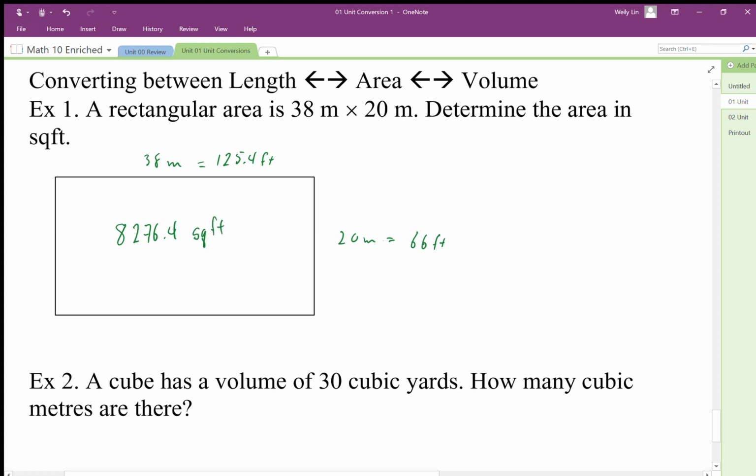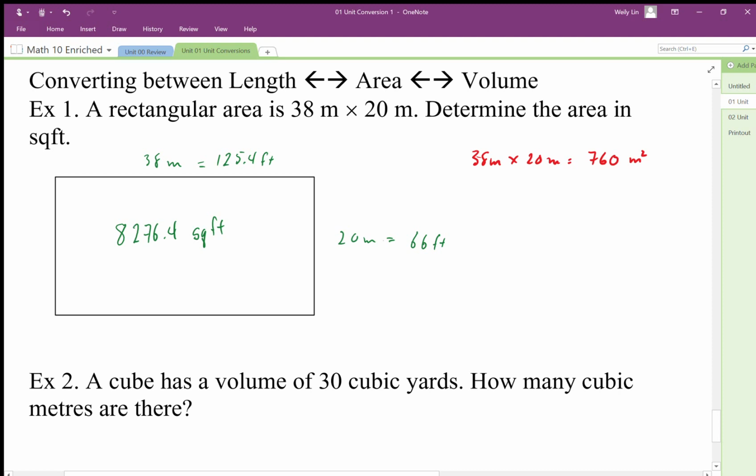Okay, so that's square feet, made by feet. So that's one way to do it. An alternative way is to convert it into meters squared. So I end up with 38 meters times 20 meters, and that's going to give me 760 square meters.